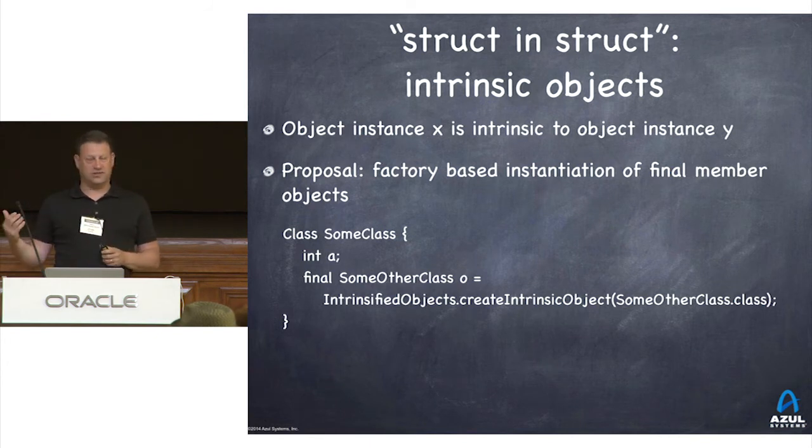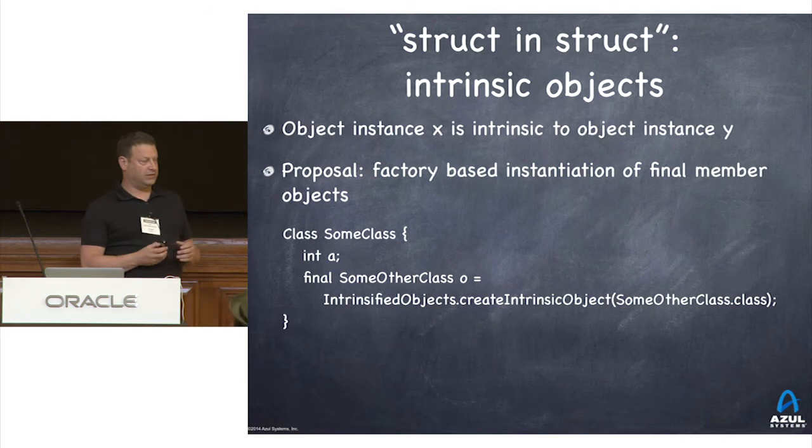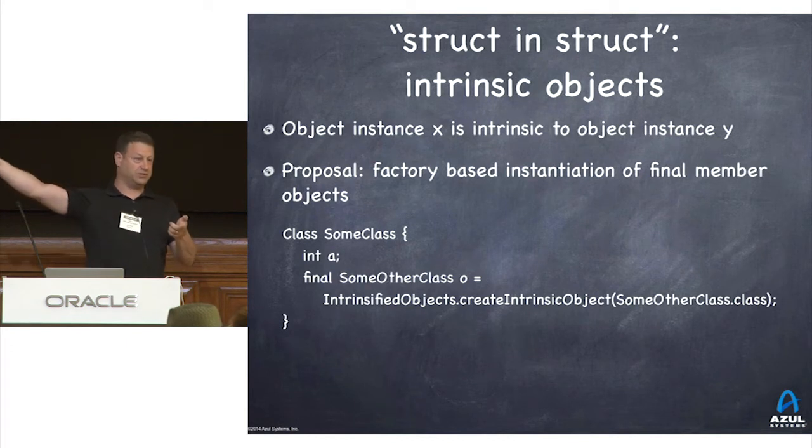One of the goals, as I said, is for it to be impossible to do something in a vanilla Java implementation that is different from the intrinsic behavior. And there are things you could do here that would have a difference. The reason this is a factory, by the way, not just a final field equals something, is what if you'd said final field equals something that's already somewhere else? Right?